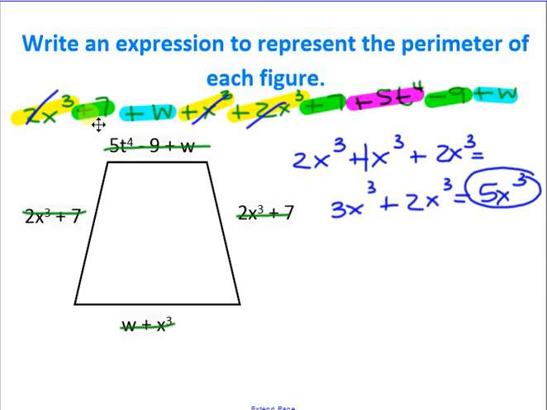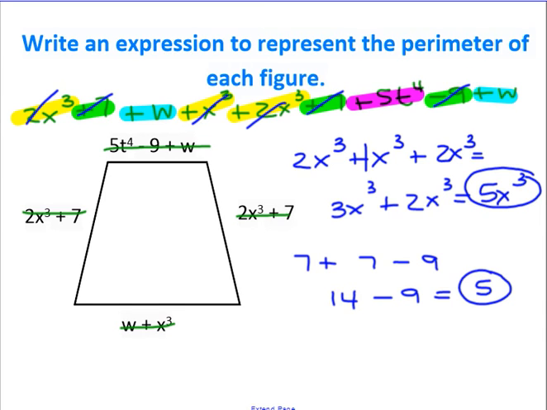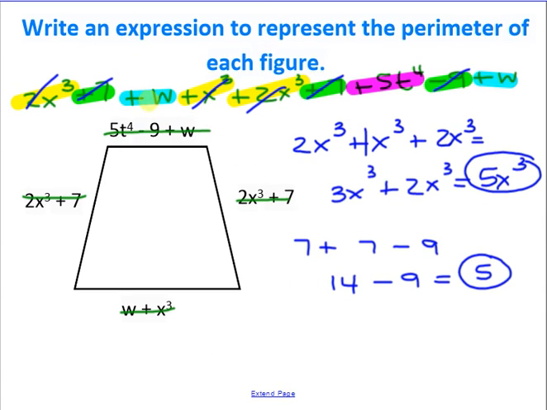Now my greens. 7 plus 7 minus 9. Okay, so 7 plus 7 is 14 minus 9. 14 minus 9 is 5. He needs to be in our final answer. So we finished all the green. Okay, now we have the blue.